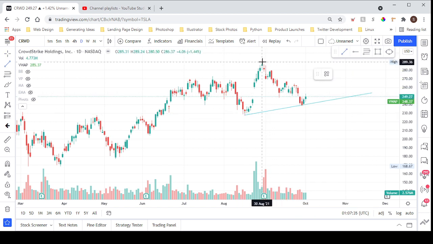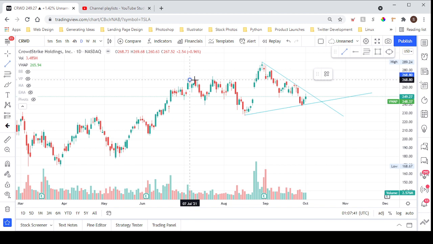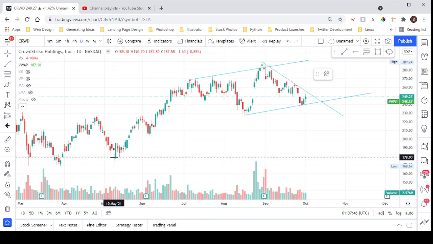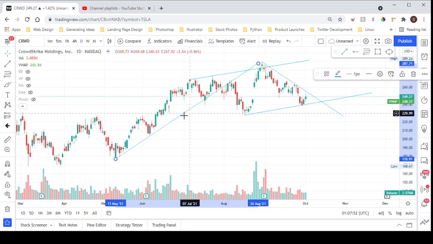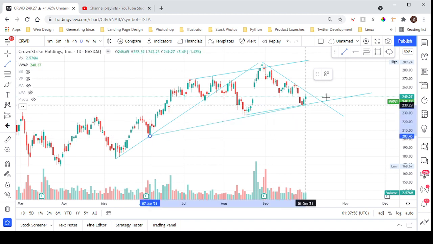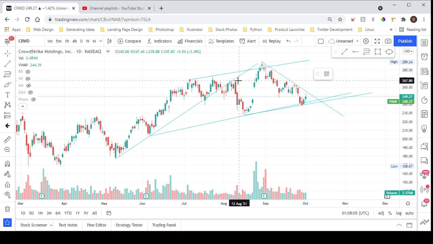So you see that triangle that's being formed there? That looks interesting. And I like to see if there's anything that's connecting from way out, because sometimes that could influence the price. So there's a lot of forces at play, so you have to try to capture as many variables as you can.